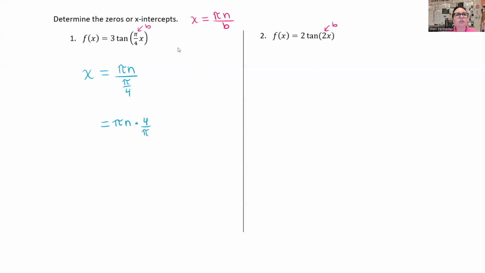We keep the first or the numerator the same, change the operation to multiply, and flip the second fraction, or multiply by the reciprocal. Does anything reduce? Yep. And then I am just left with 4n.